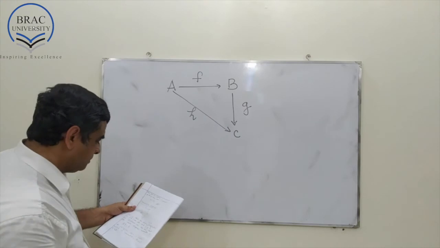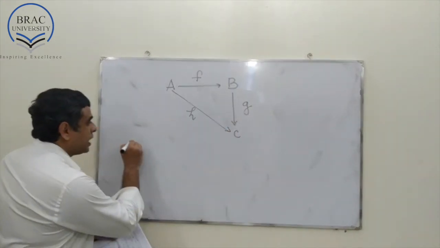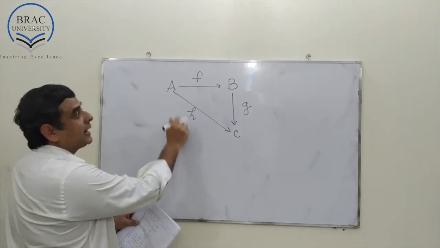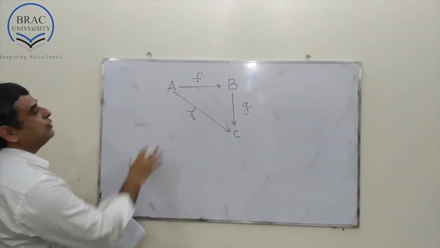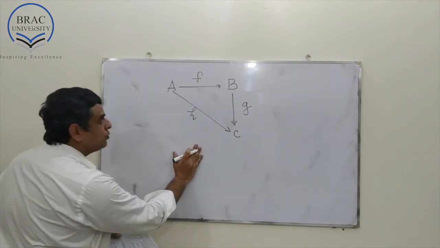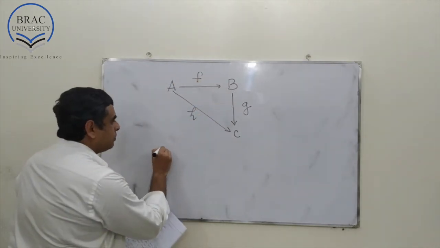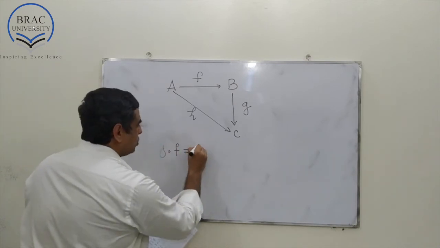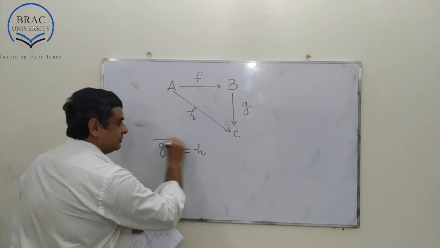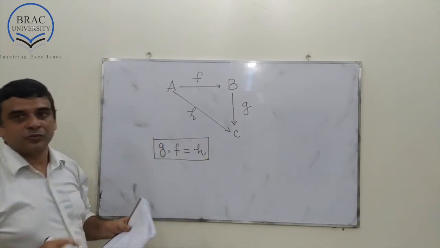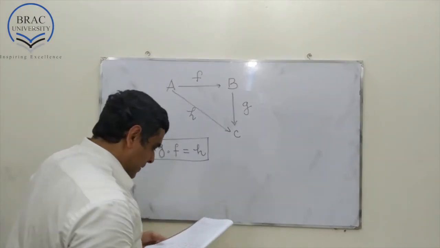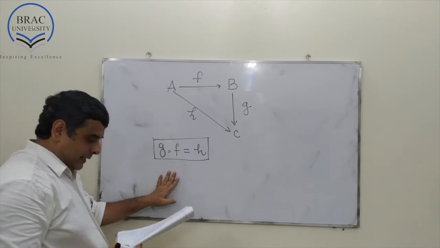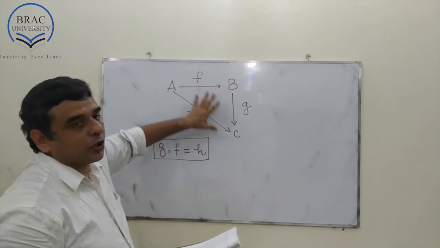And we say that this is a diagram as long as F, G, and H are functions and A, B, and C are sets. And we say that this diagram commutes if the composition of G with F is equal to H. And if this is the case, then we say that this is a commutative triangle of sets.